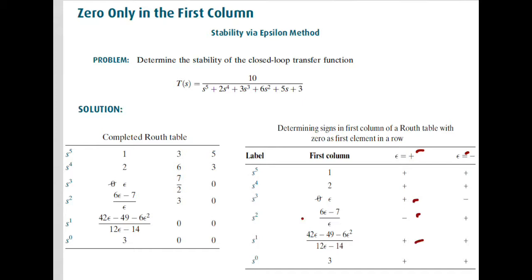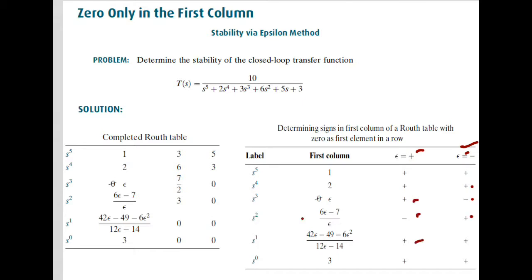Alternately, if we consider epsilon as negative, we see a sign change from positive to negative from the S4 to the S3 row, and another change from the S3 to the S2 row.